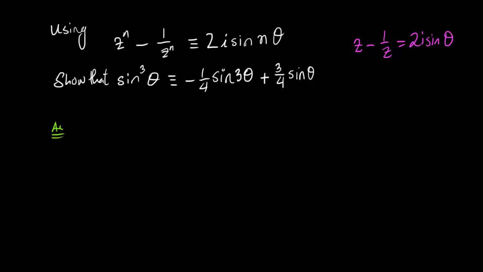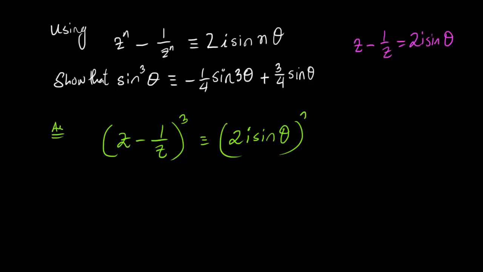The first thing to write is z minus 1 by z to the power 3. The power over here is 3. And what we have to do is write this as 2i sine theta to the power 3. That means this thing to the power 3 on both sides.